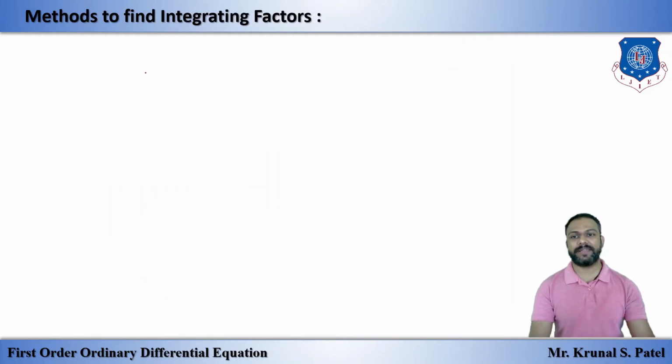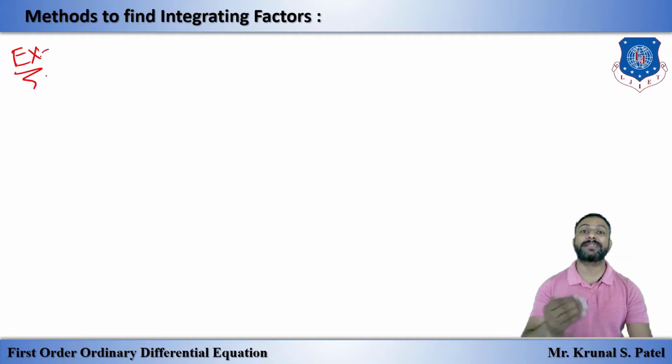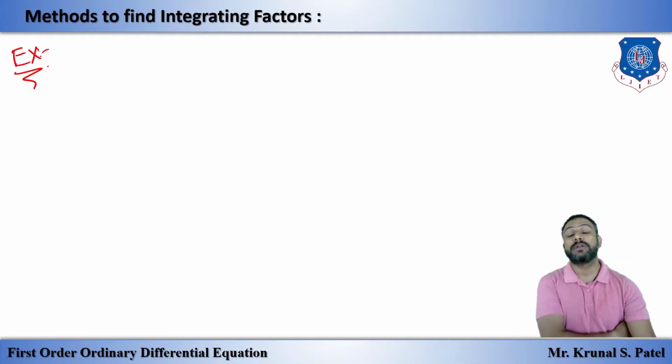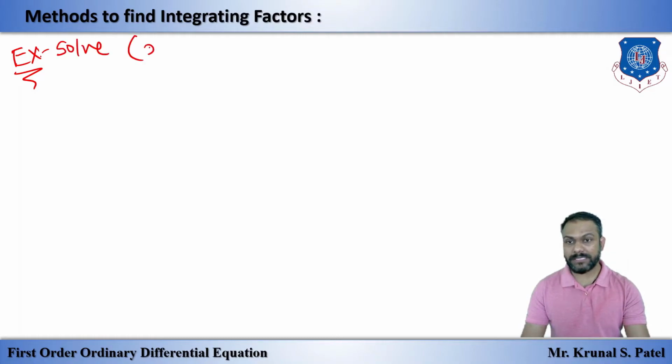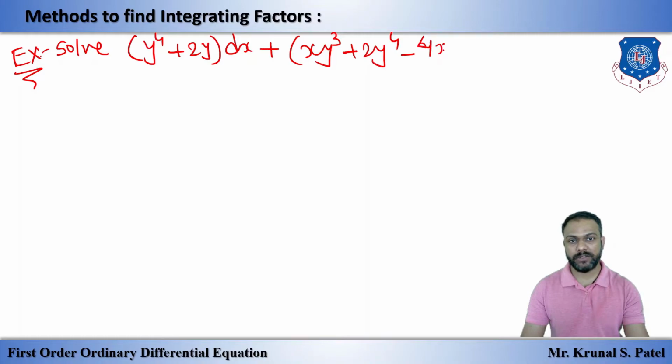Okay, similar way, I'm just taking one more example, so you can understand method number 4, that means how that minus 1 by m multiply will give the answer. So we have one example, solve y raised to 4 plus 2y dx plus xy cube plus 2y raised to 4 minus 4x dy is equal to 0.